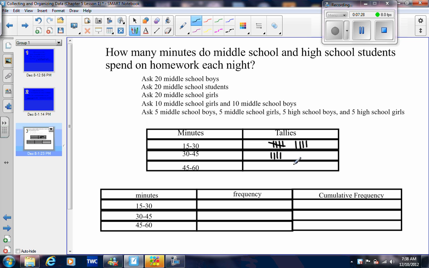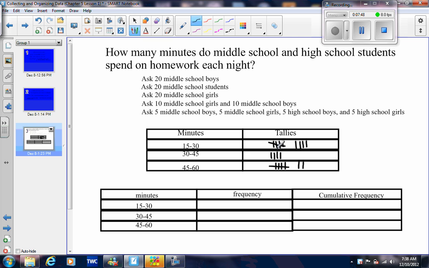4 kids said they spent 30 to 45 minutes. And then 7 kids spent 45 to 60 minutes.